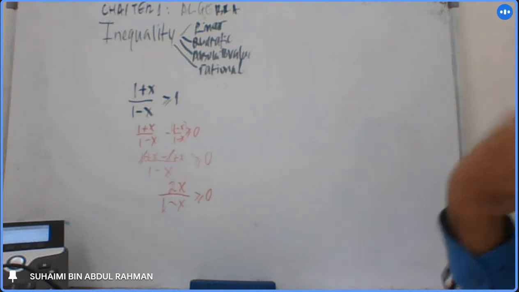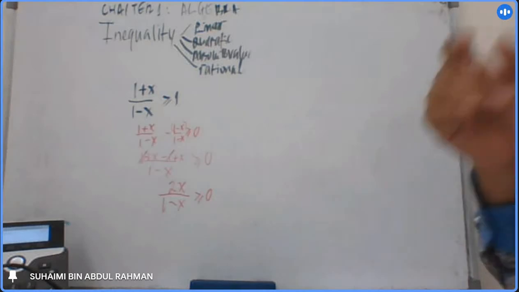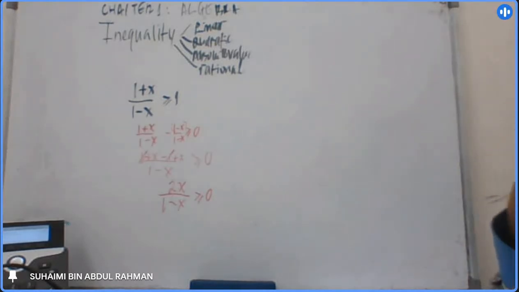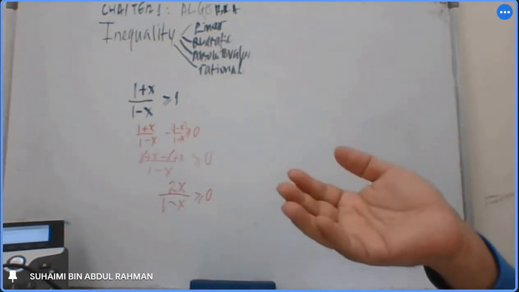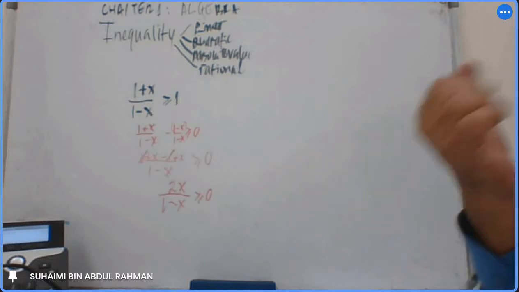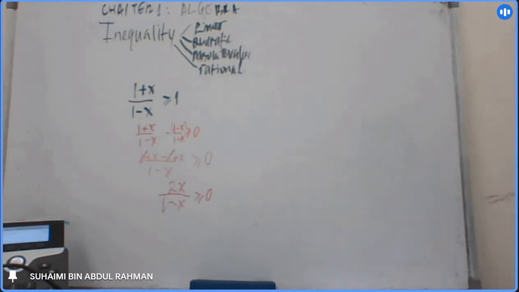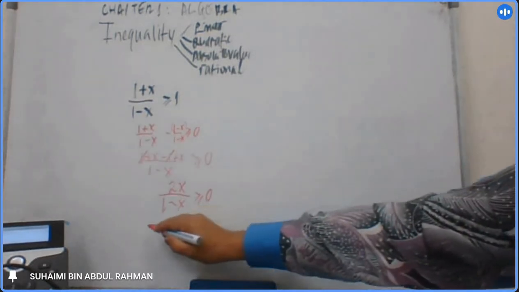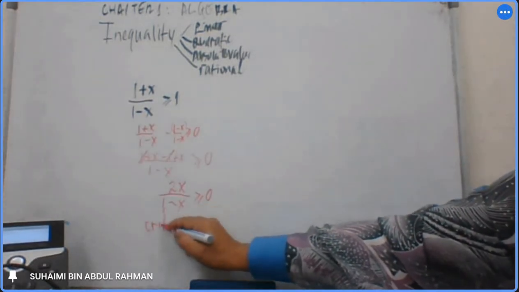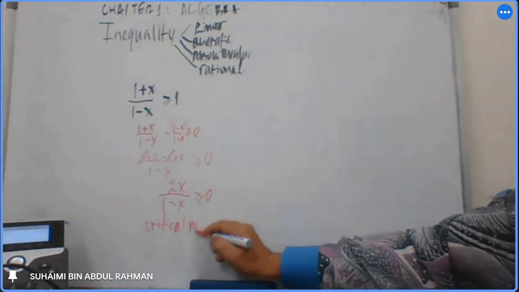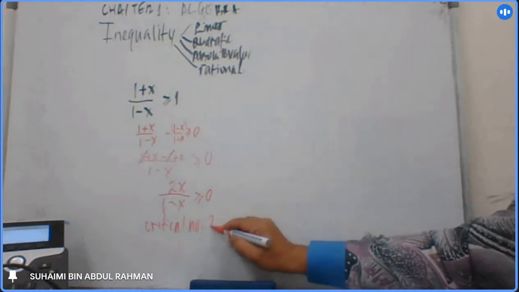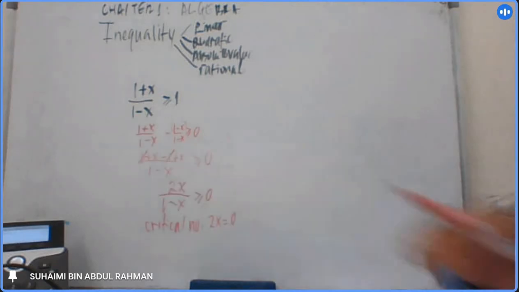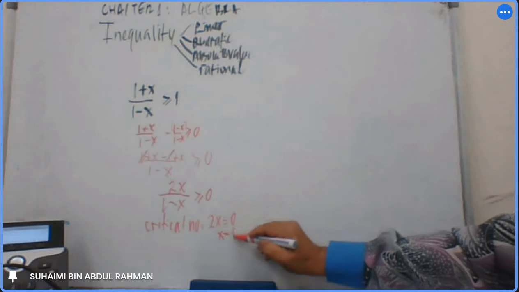Now, up until here, same as the quadratic inequality, we find the critical numbers. So 2x equal to 0, make it equal to 0. 2x equals 0, x is 0.